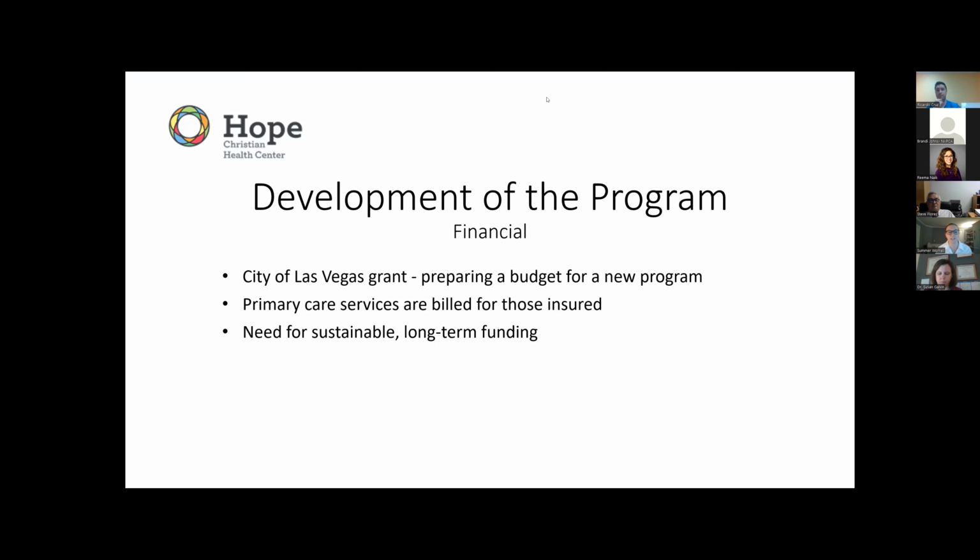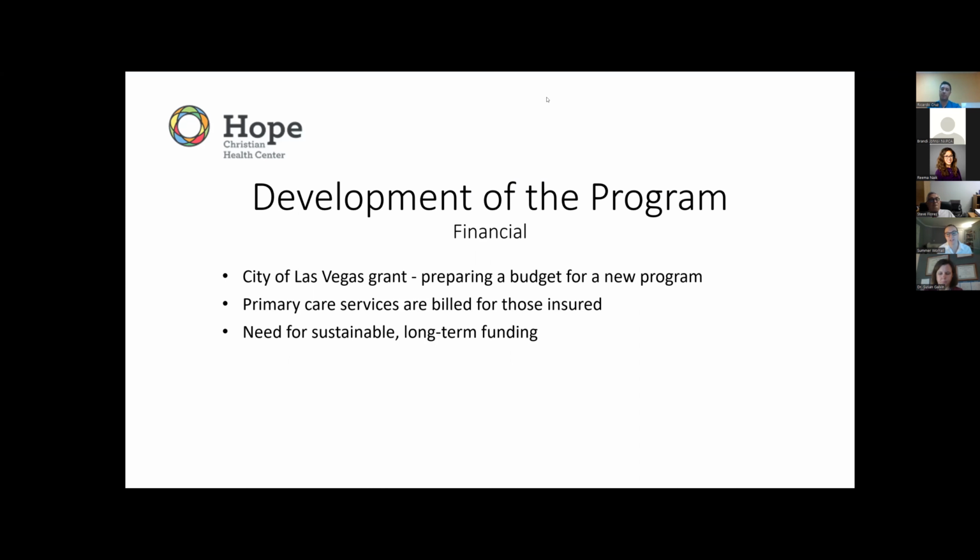And so developing this and preparing the new budget took many months, looking at the scope of service that Dr. Galvin had worked on, and then also determining the equipment and types of supplies that were needed to develop this budget.